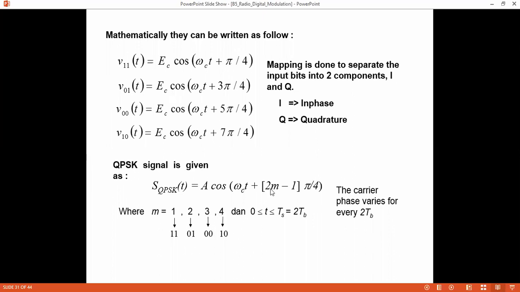If, for example, m is equal to 1, then this part becomes 1, so it's pi over 4, our phase. If m equal to 2, it's 3 pi over 4.